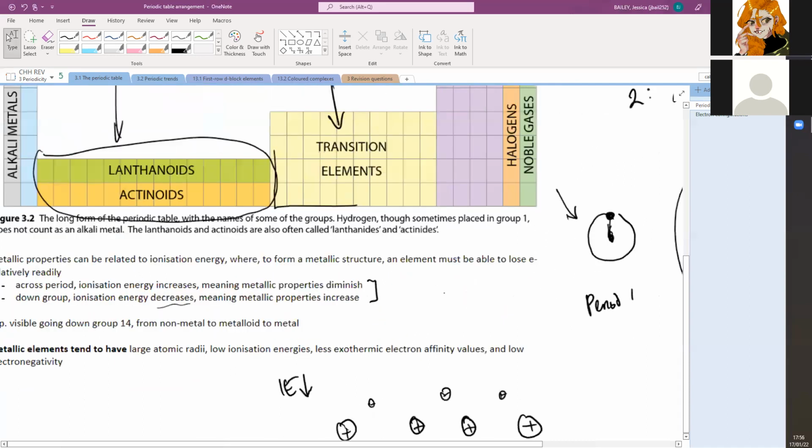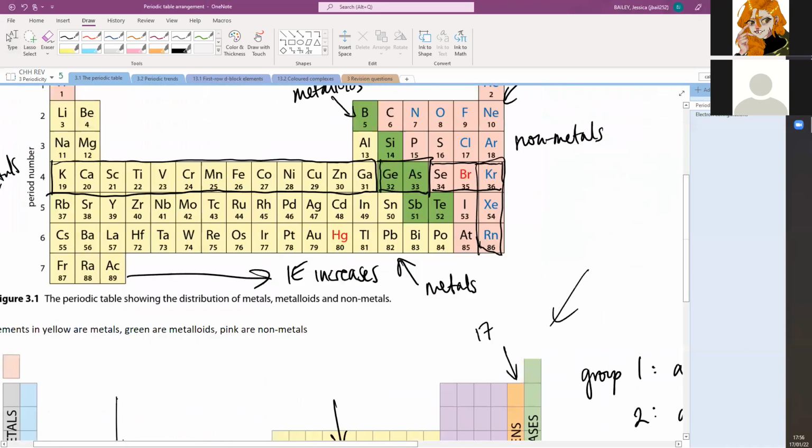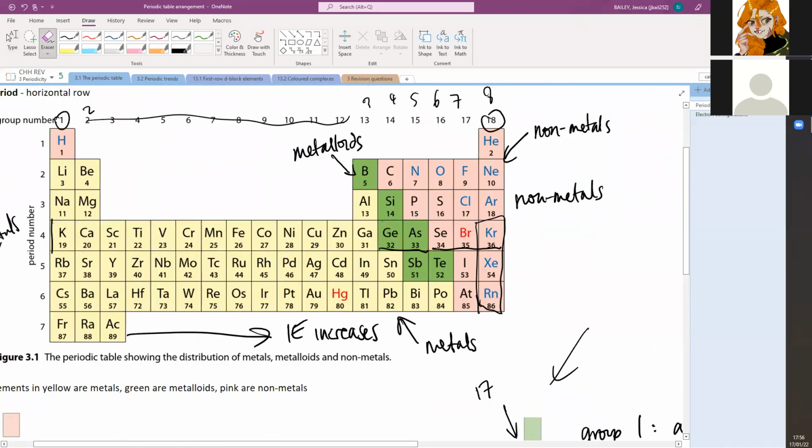And we can probably see that if we look at group 14 here, which I'll do in a different color. If you look at group 14, you start off with a non-metal, but then as you go down the group, your metallic properties increase, and so you become a metalloid, and then you've got full metallic properties, so you've got these metals down here.